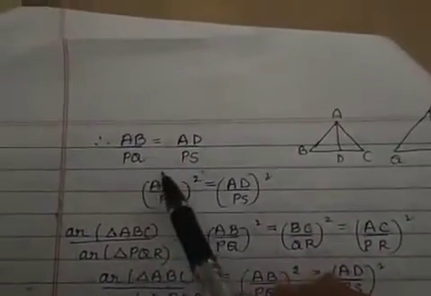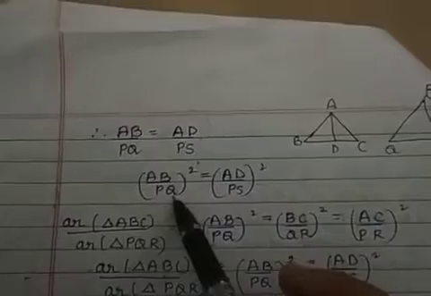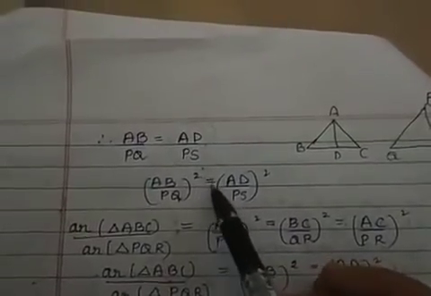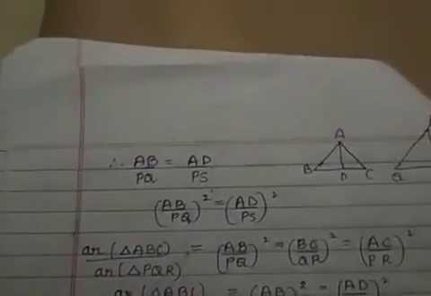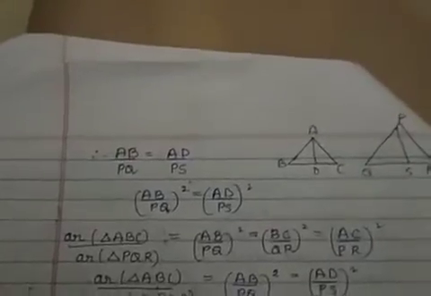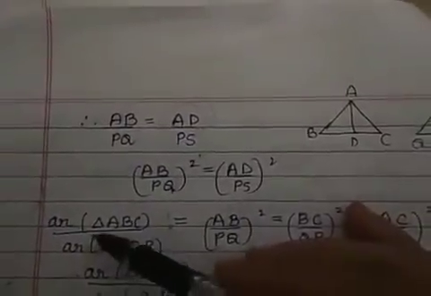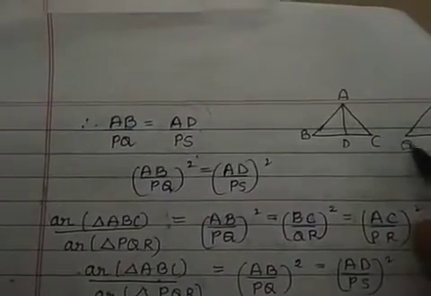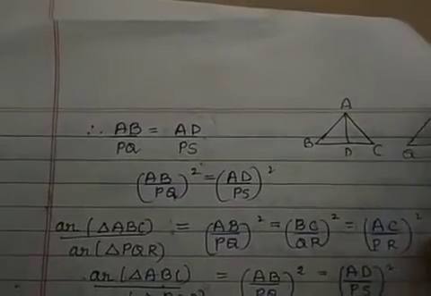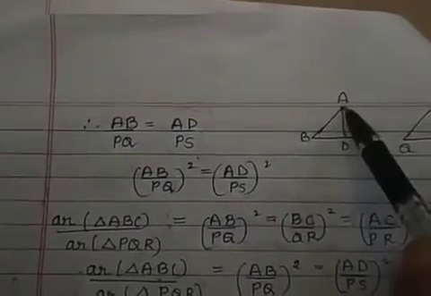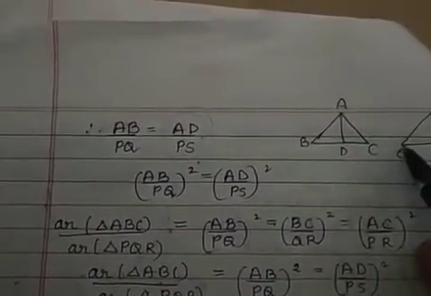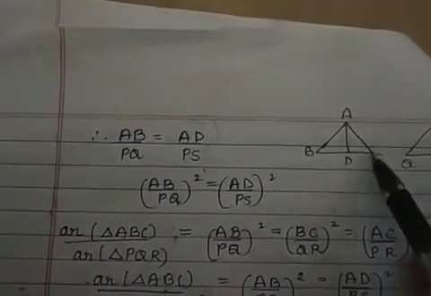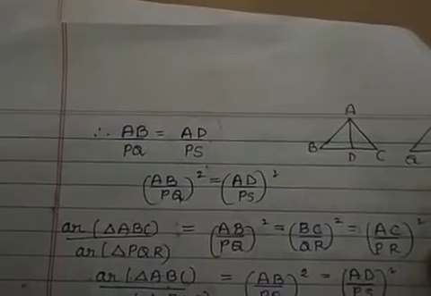Now let us square this. You will get AB upon PQ the whole square equal to AD upon PS the whole square. In the next step you will know why I am squaring this. Now the area of triangle ABC upon the area of triangle PQR, since these two triangles are similar, will be equal to AB upon PQ the whole square, equal to BC upon QR the whole square, equal to AC upon PR the whole square, correct?